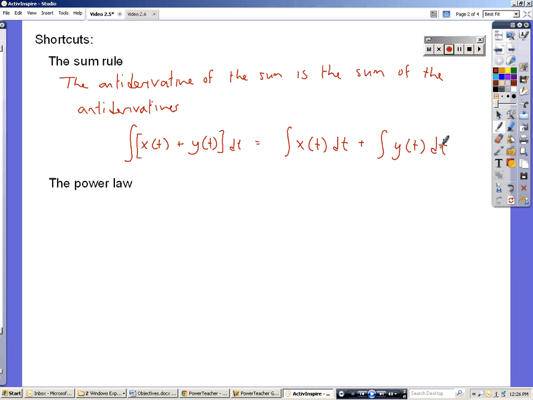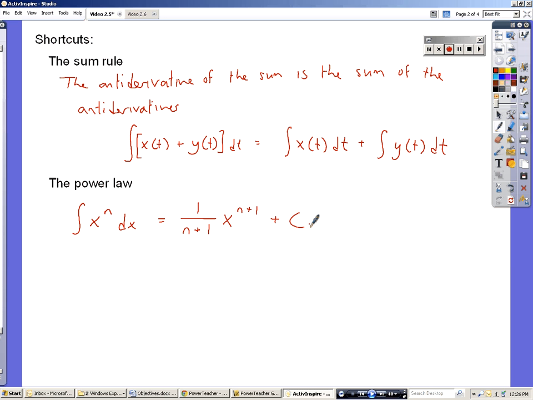Second one is the power law. This one is also extremely useful, and it's just the opposite of the derivative power law. What it says is that if you have the integral of x raised to the nth power dx, notice that this is not x of t, this is just x, it's a variable, not a function, is equal to 1 over n plus 1 times x to the n plus 1, plus c.